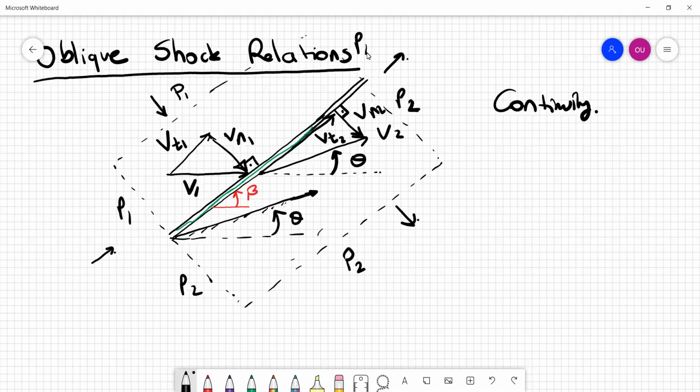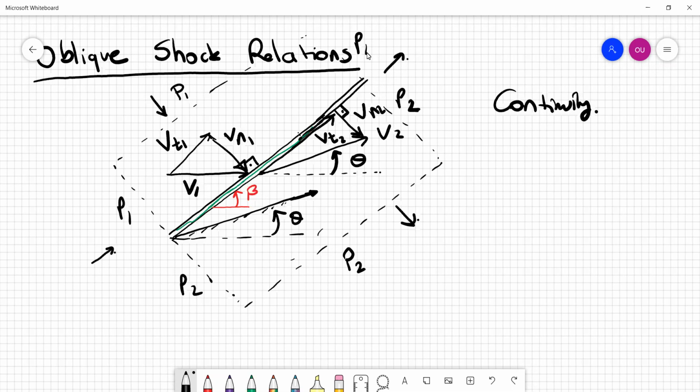In reality, if you do the mass balance, we see that in an oblique shock wave, the mass flow rate needs to be conserved, and it's driven by the normal velocity component.